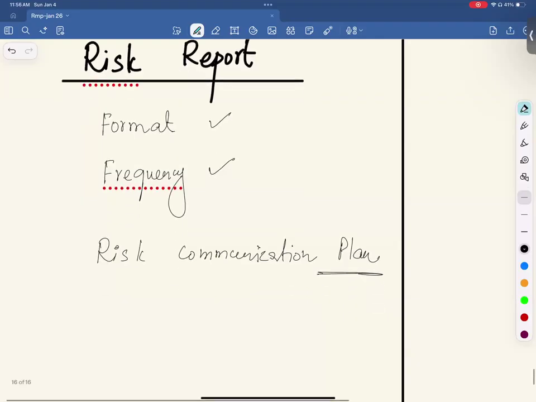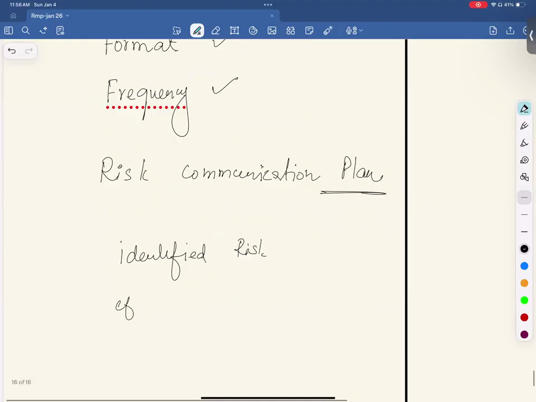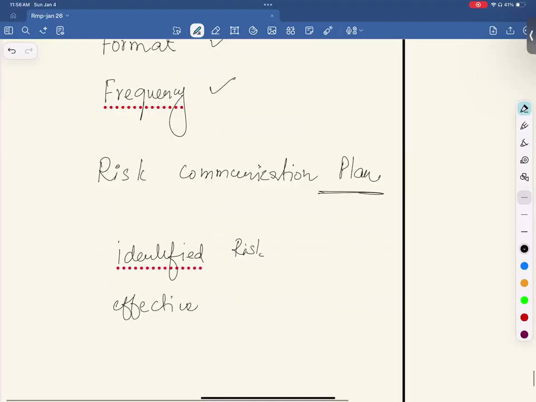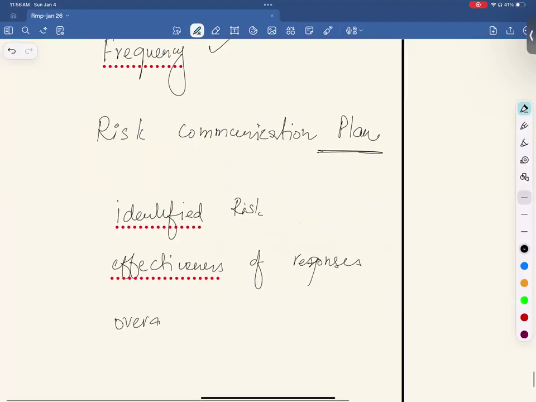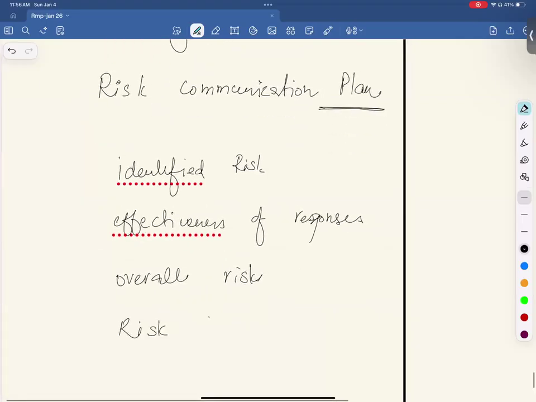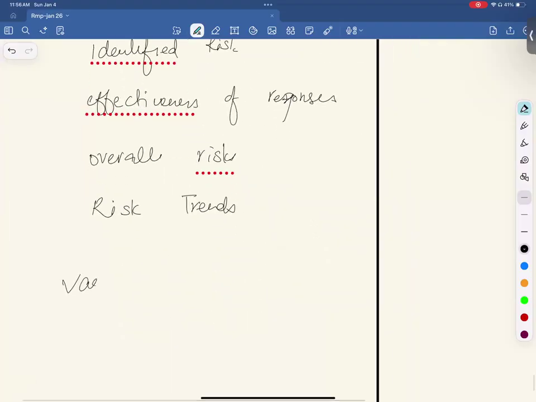So it includes the status of identified risk, effectiveness of risk responses, overall project risk trends, and it also includes variance analysis.